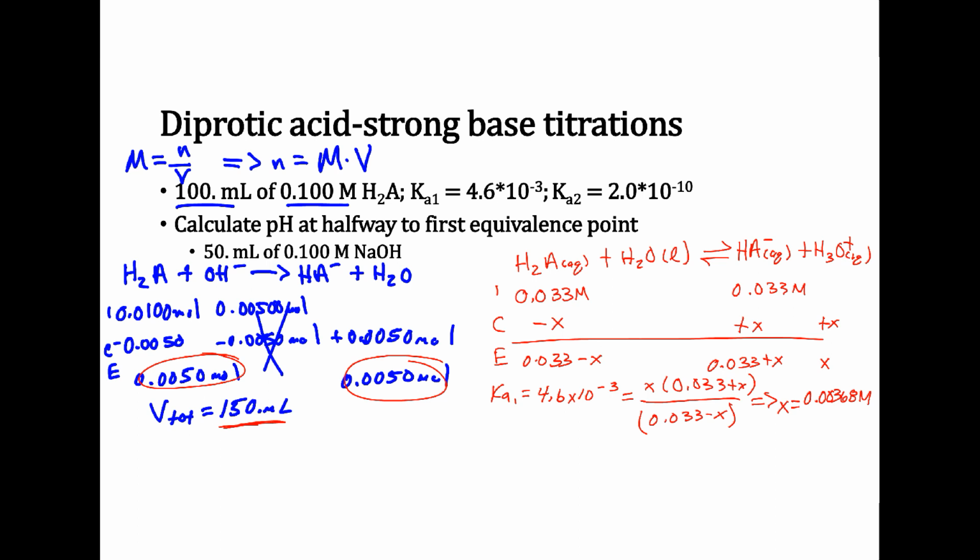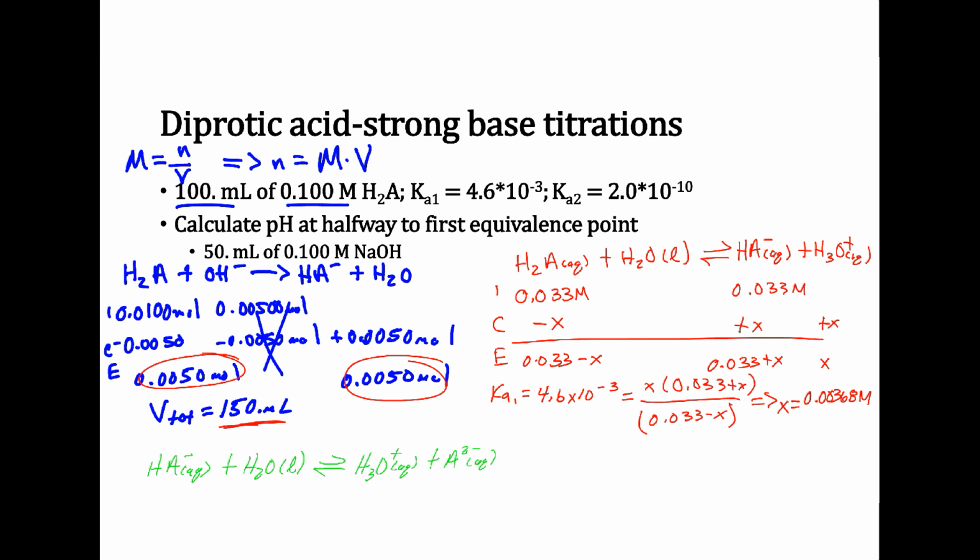Then in a similar way to our logic for the first reaction, if you were to consider Ka2, we would have HA minus plus H2O yielding H3O plus and A2 minus.